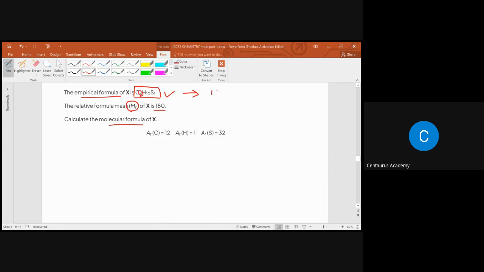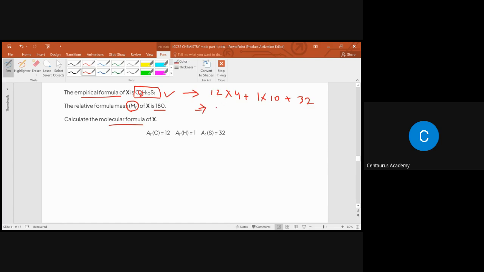So it's going to be 12 times 4 for carbon atoms. Then you're going to add up 1 times 10 for hydrogen plus sulfur. There's only one sulfur, so it's going to be 32. Relative atomic masses are already given to you in the periodic table, so you would refer to the periodic table for this. Then you're going to sum it up.